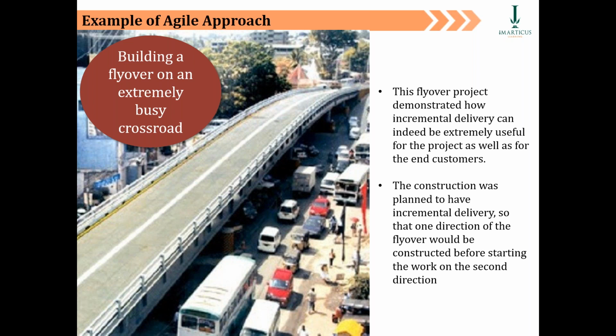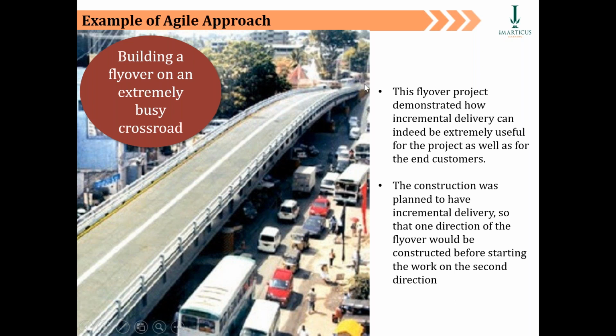In a traditional waterfall way, a team led by the development authorities will start the construction of the overbridge in one go, from one end. They'll probably take, let's assume, 2 years, and they will go to the other end.